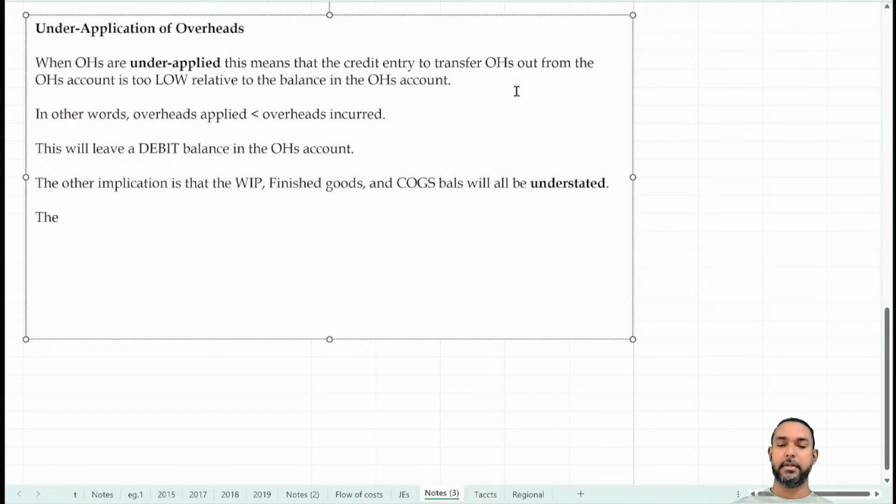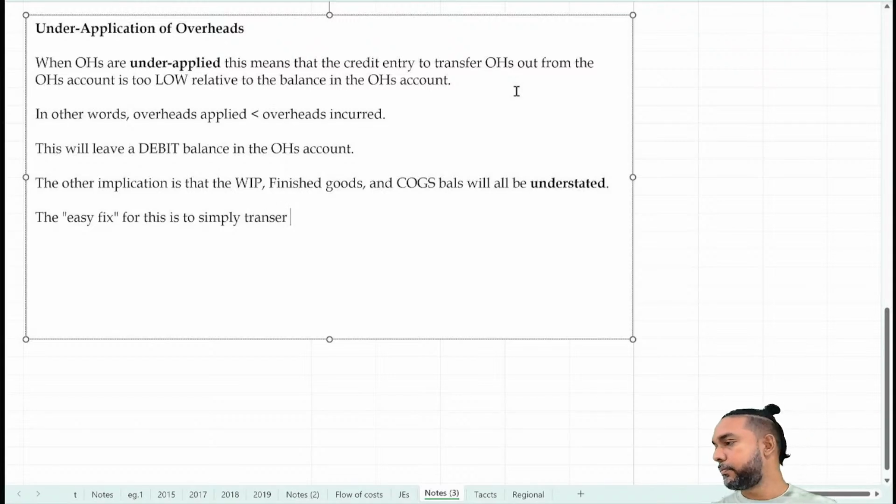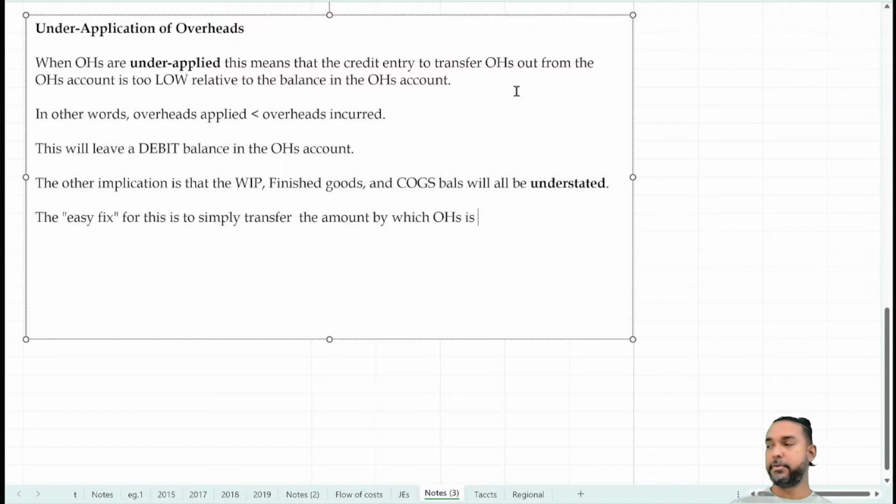So again, the easy fix for this is to simply transfer the amount by which overheads is under applied to the cost of goods sold or income statement as follows.